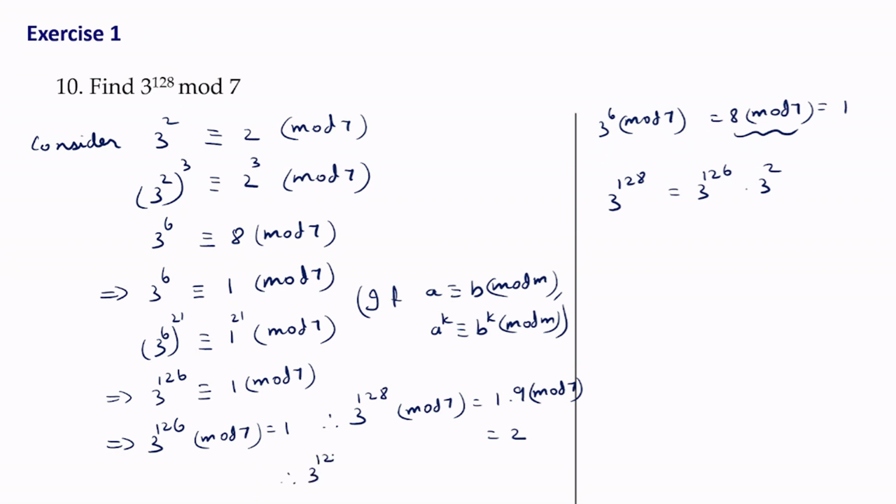Therefore, 3 raised to 128 mod 7 is equal to 2. So when we divide 3 raised to 128 by 7, we get the remainder as 2. So these are the various questions from the first exercise, which is on modulo arithmetic and congruence modulo.